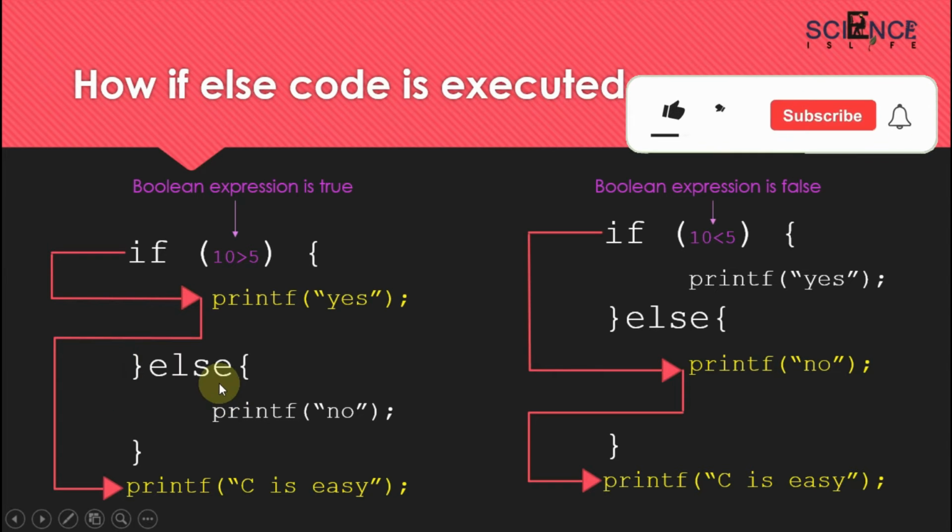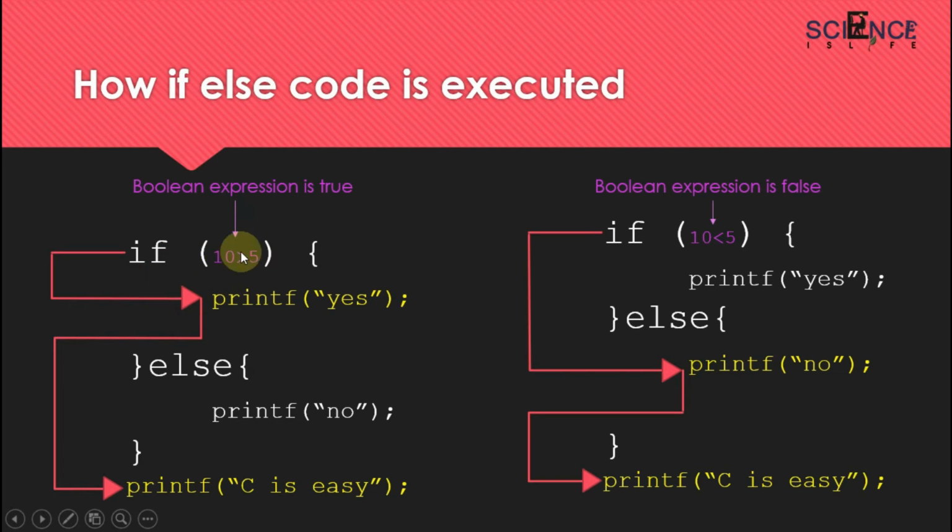They are independent of each other. The compiler will go inside the if only if it is true. Then after that, it will not execute the else part. It will skip the else part, and the compiler will execute all the code after this else structure, right? That is how the compiler works if the if condition is true.